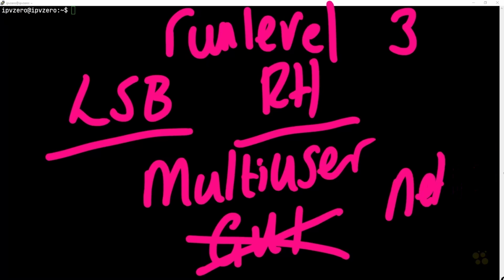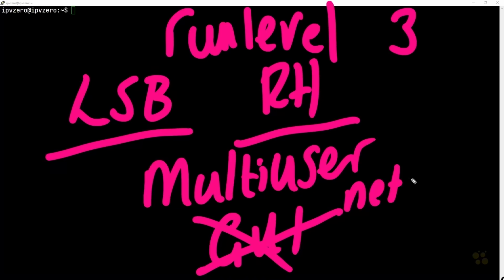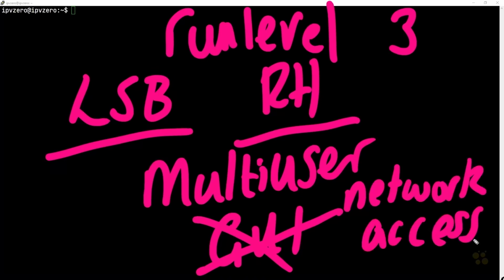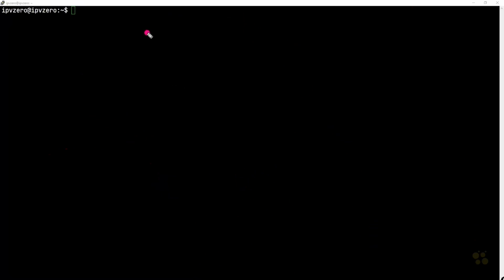In fact, let me just write that a little bit clearer. So run level 3, LSB and Red Hat, similar to the previous run level, but this time we do have network access. We can share files, we can talk to different computers, we can access the internet, and so on and so forth.